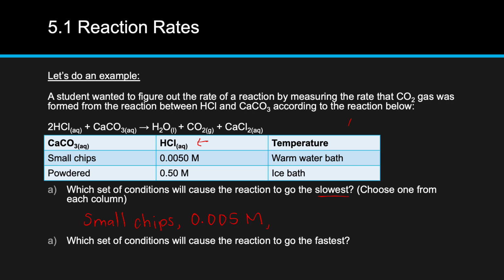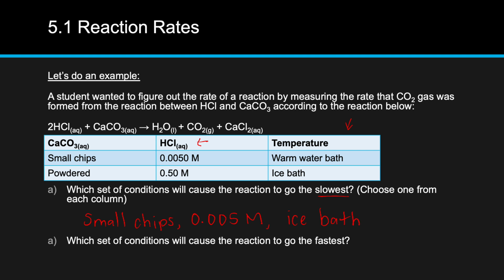And then our final is temperature. Remember when we talked about that last table in the last slide? When you increase the temperature, you're going to increase the reaction rate because those particles are moving at a higher speed and then they're going to collide with more energy. So if we want the reaction to go slower, then we want to choose the ice bath.